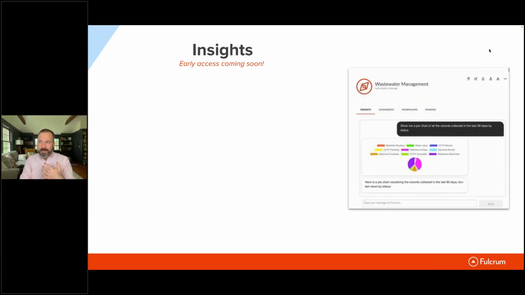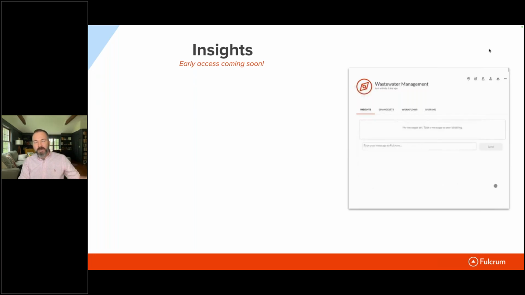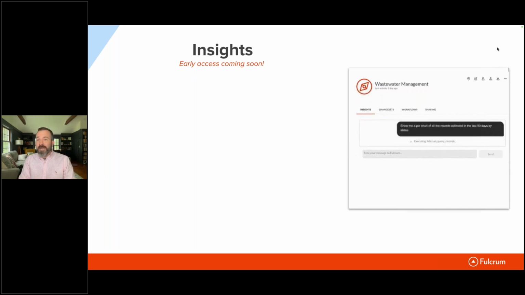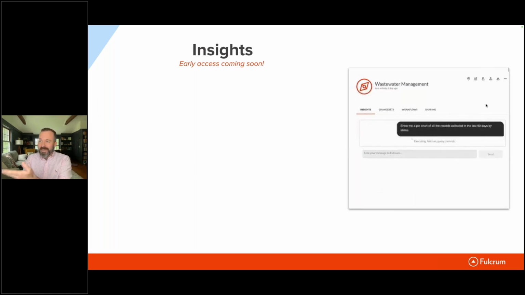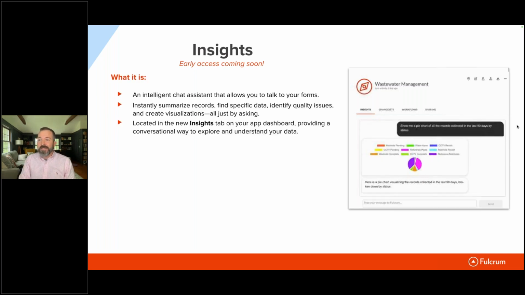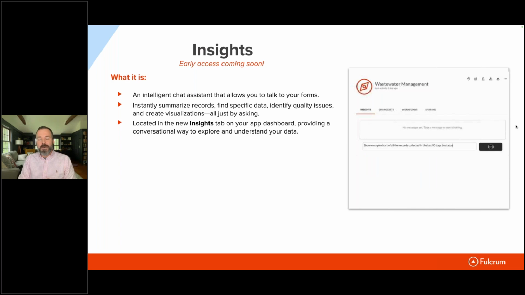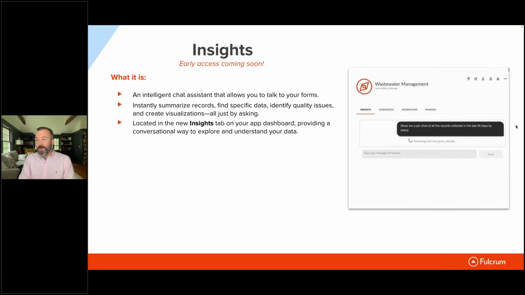So using LLMs, the modern GPT world we live in, this is coming soon, and it will be able to interact with your data and make charts if you ask it questions like, what are the outliers you're seeing? How many broken manhole covers are there? Give me a pie chart, and it's drawing that on the screen. It's intelligent. It gives you a better understanding. You don't have to know how to use pie charts or put them into Excel.